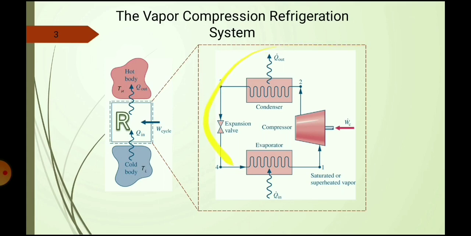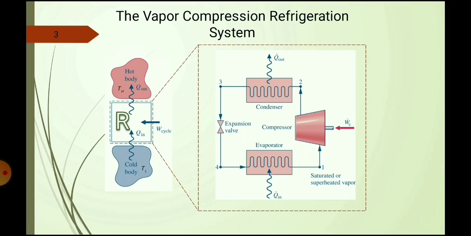This is the diagram for the VCRS. Basically, VCRS is divided into two pressure regions. That region is said to be the high pressure region, and this region is said to be the low pressure region.